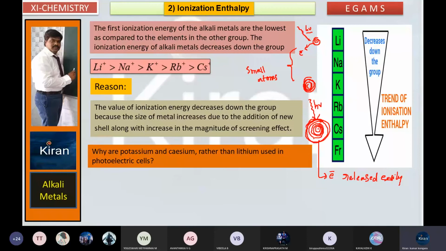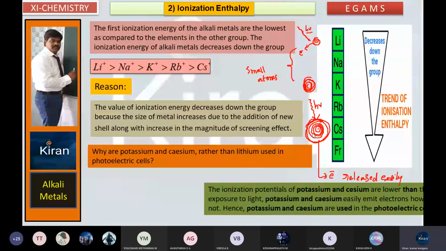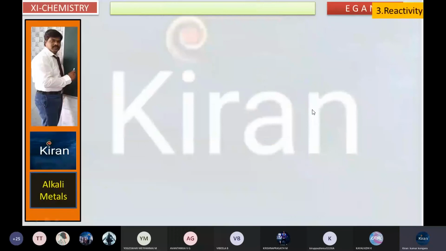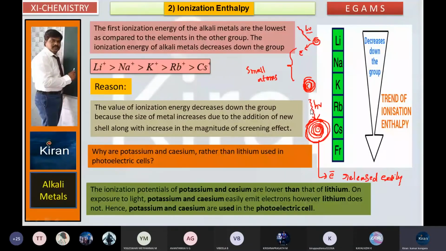What is the reason behind this? Its atomic size is big. The ionization potentials of potassium and cesium are lower than that of lithium. Potassium and cesium easily emit electrons, however lithium does not. Comparing with lithium, these two atoms have bigger size, because of this reason potassium as well as cesium metals can emit electrons.